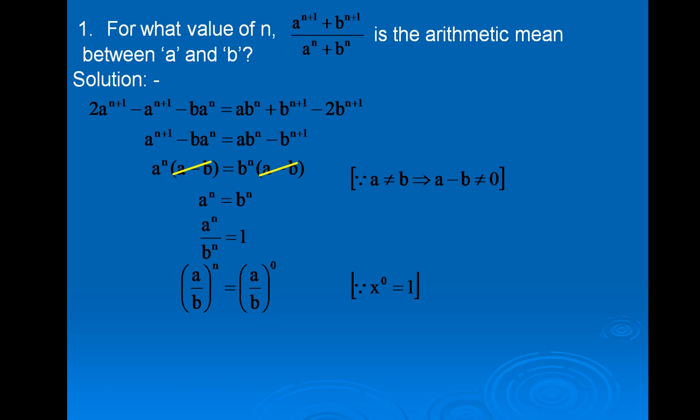Now the bases are the same, a/b, therefore the powers must be the same, therefore n equals 0. So this is the answer, that is for n equal to 0, the given expression becomes the arithmetic mean between a and b.